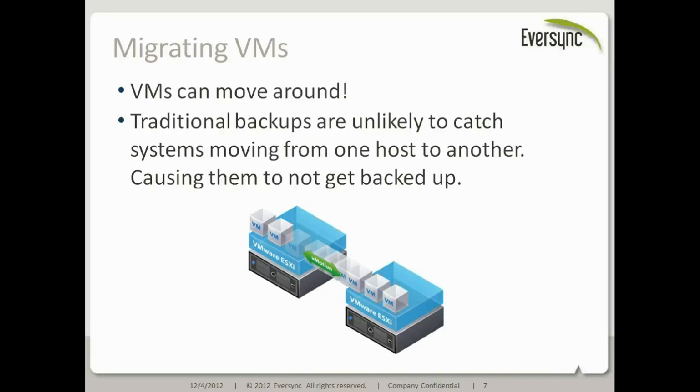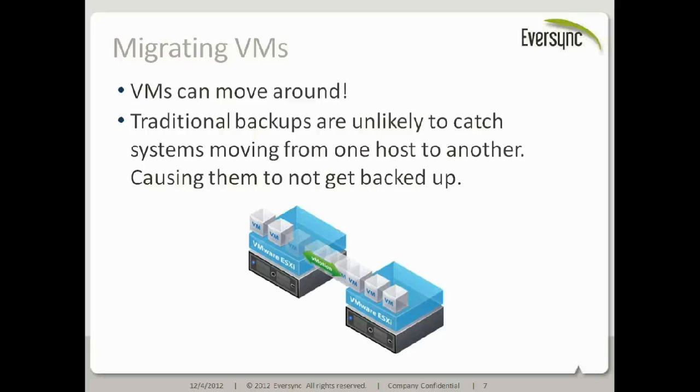And again, back to the issue of data stores, VMs can be moved around from one data store to another, usually through VMware's vMotion, which lets you make that transition without having to shut down the virtual machine. And that can get to be a little tricky for backups.